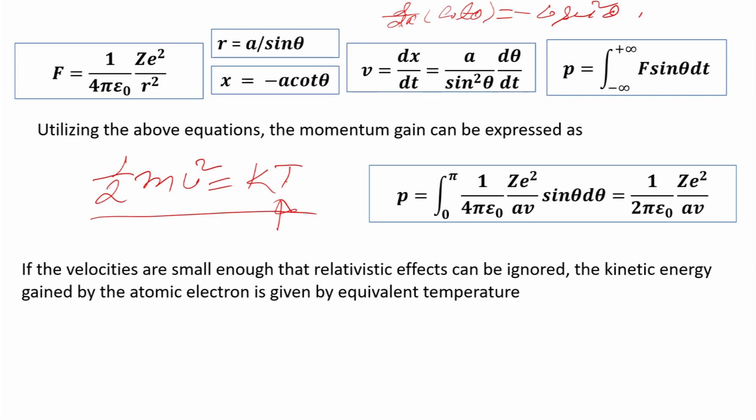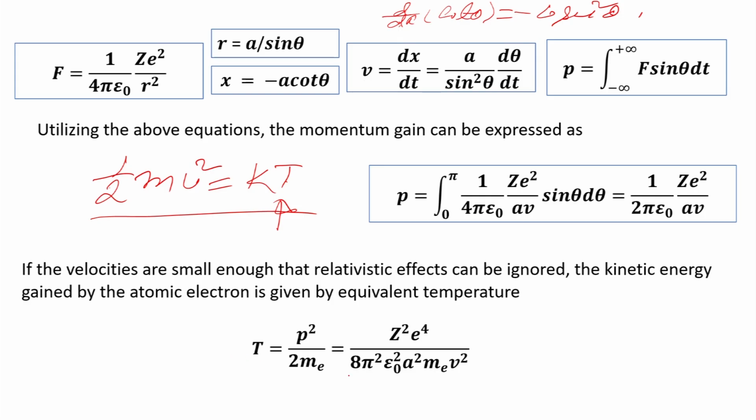In this case, though this approximation seems very crude, still we assume that the velocity is not relativistic, the effect is not there, means the velocity is much lower than the velocity of light, and in that case I can express this T. So, P is equal to m square v square, so T is equal to, basically it is kT.